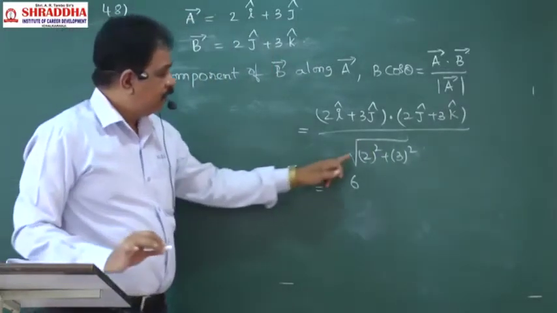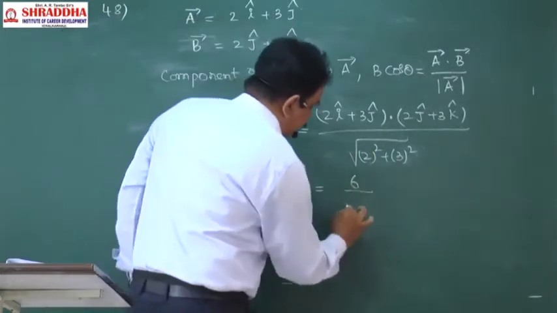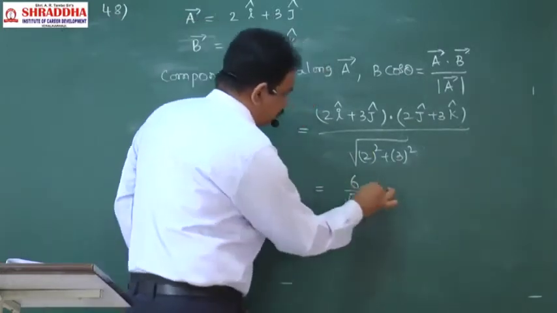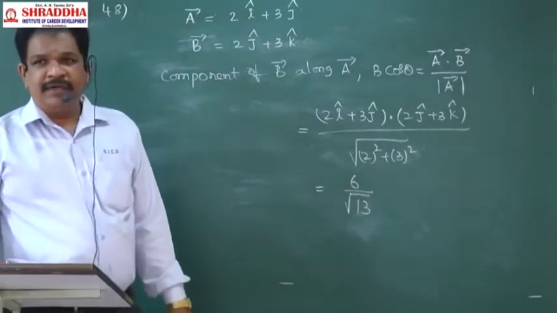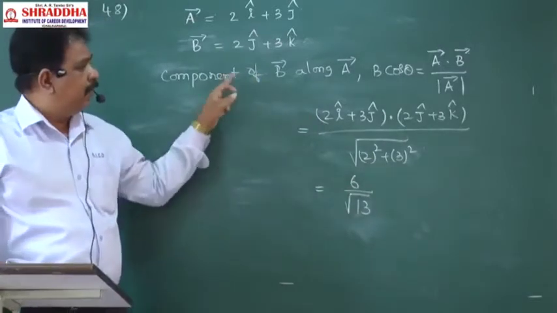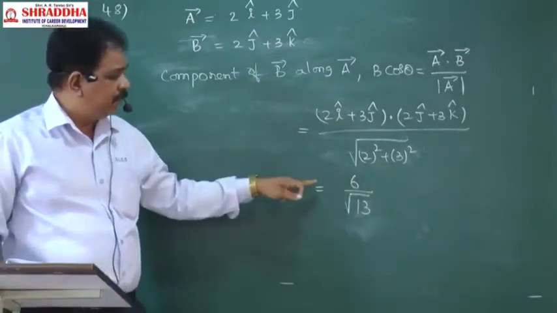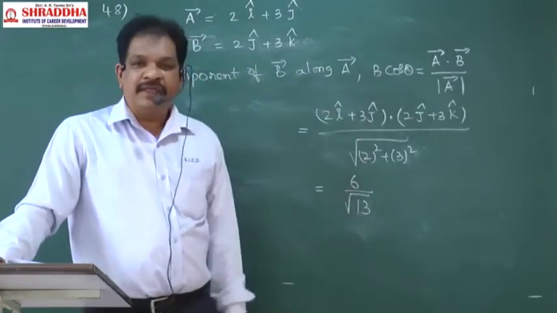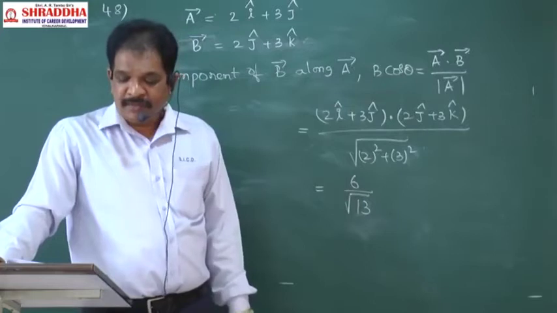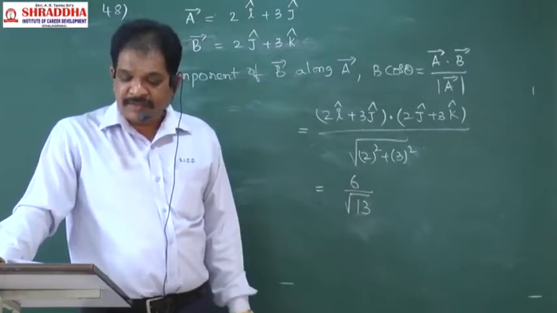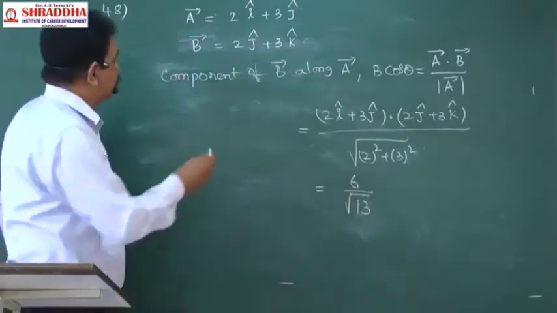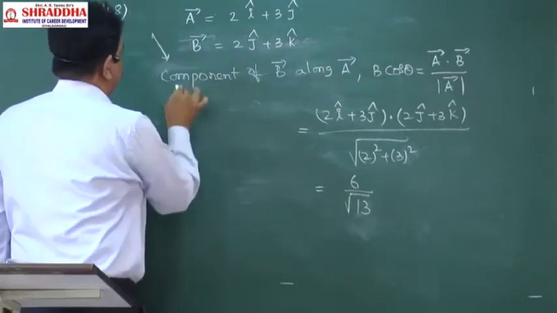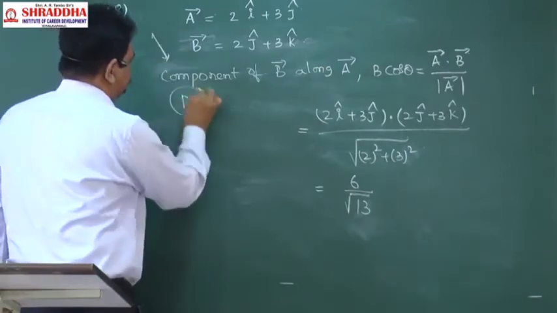And this value will be how much? Root 13. So component of B bar along A bar value will be 6 by root 13. This is the formula you remember. So what is the answer for this? It is D. 48, it will be option D.